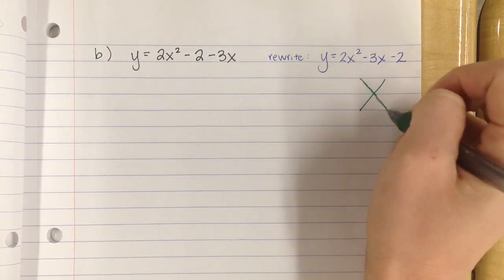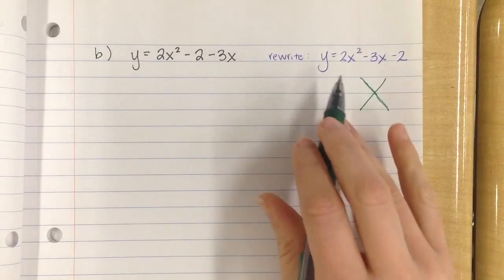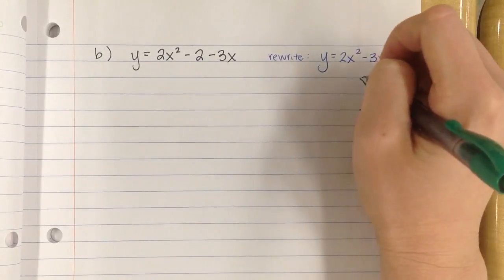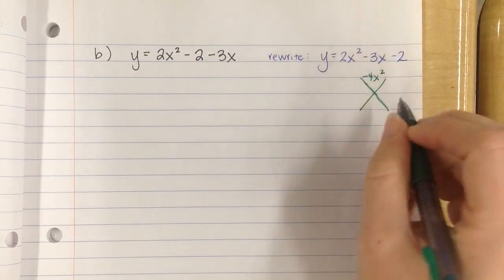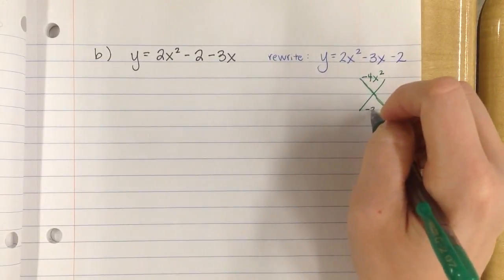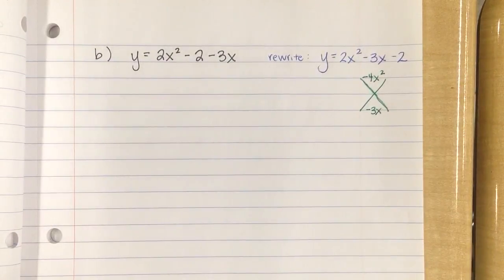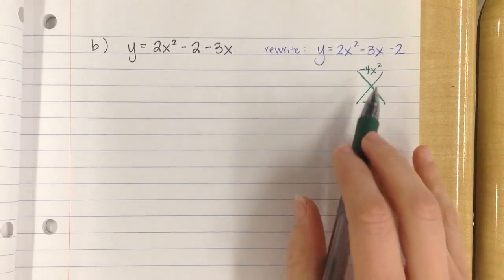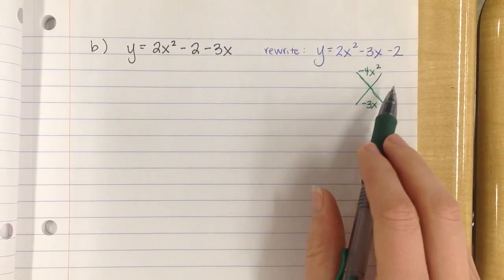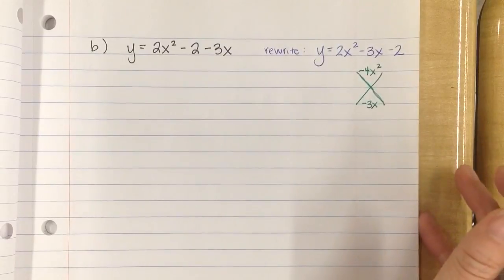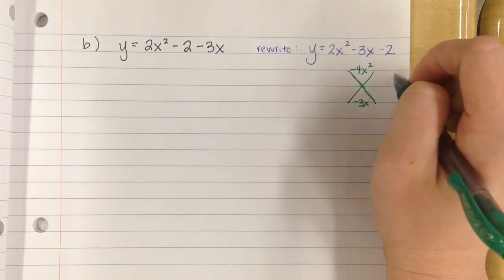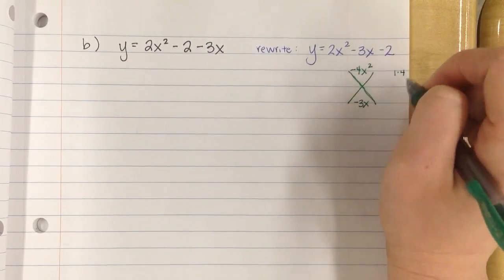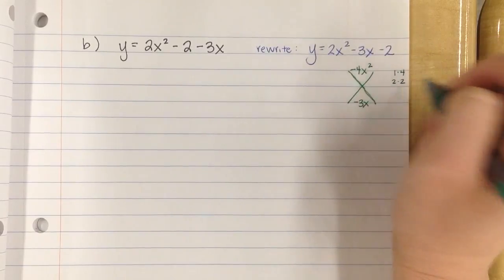I'm going to draw my little x. I do my a value times my c value, so I get negative 4x squared. I put my b value down in the bottom, negative 3x, and I ask myself, is there any way to multiply to get negative 4x squared, but add to get negative 3x? I would go over here and make my little list. I have 1 times 4 and 2 times 2.